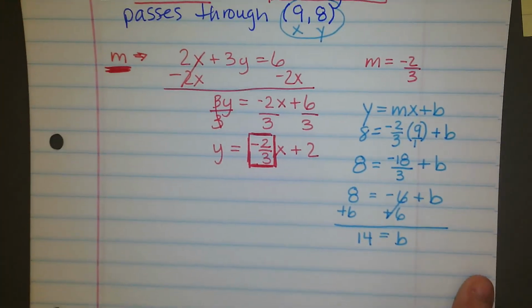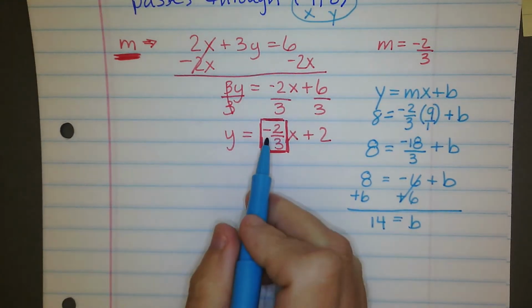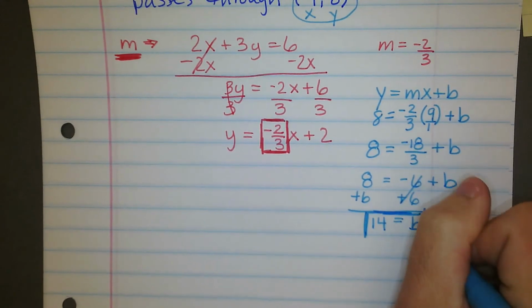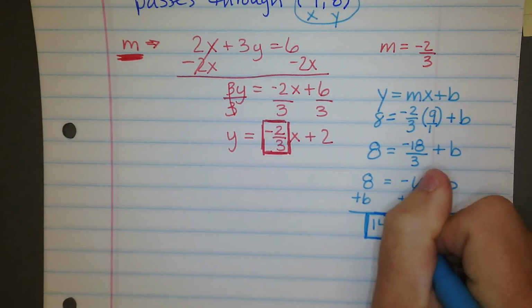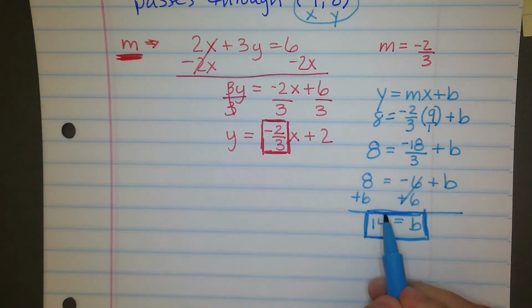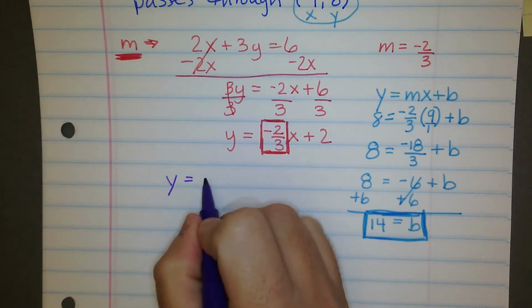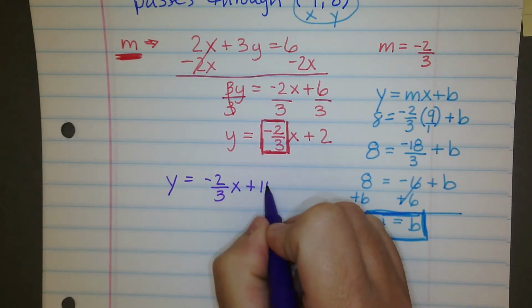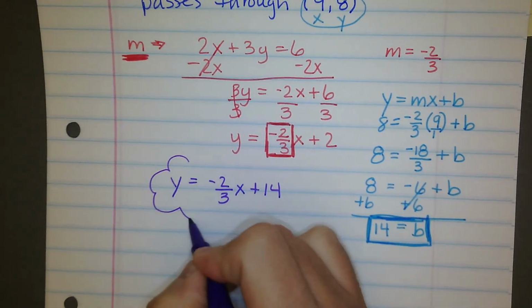Now my final equation is going to use this slope and this y-intercept. And I'm going to make an equation with this slope and this y-intercept. My final answer for this equation is y equals negative 2/3 x plus 14. That is the answer to my question.